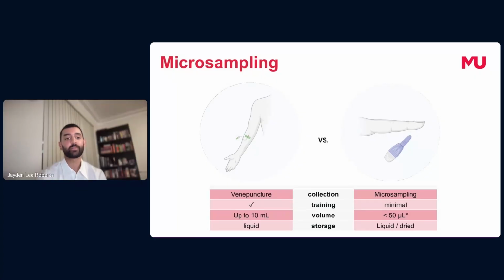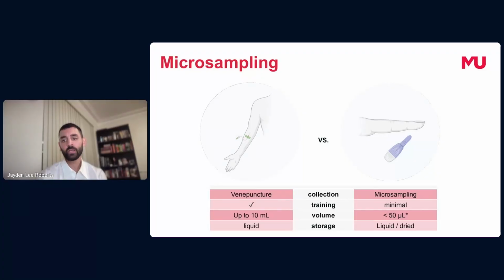If we look at something like the HemaPen, which is released by Trajan, a commercial device, the volumes are as small as 2.74 microliters, with some other microsampling devices extending collections up into the 600 microliter range in the literature. Like standard venipuncture, some of these microsamples can even be spun down to obtain plasma or serum, or for DBS formats can be stored in dried format as well. So there's that variety in the matrix that can be collected as well.